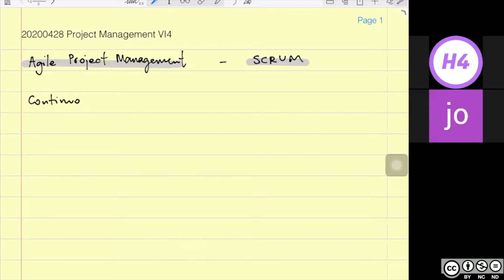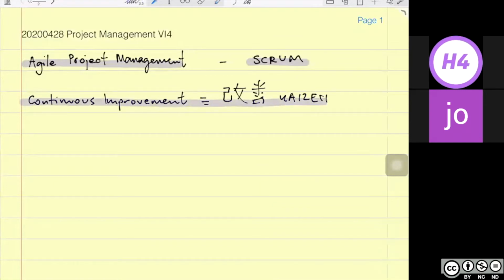Continuous improvement, or as we have talked before, Kaizen. This is another philosophy that we will talk about probably in the next weeks as well.